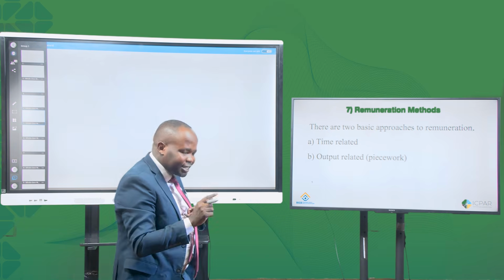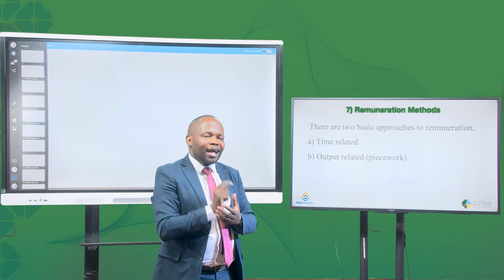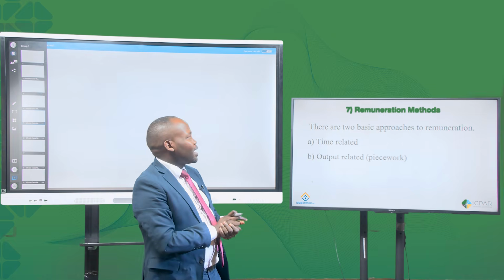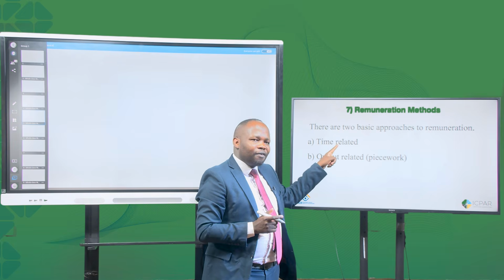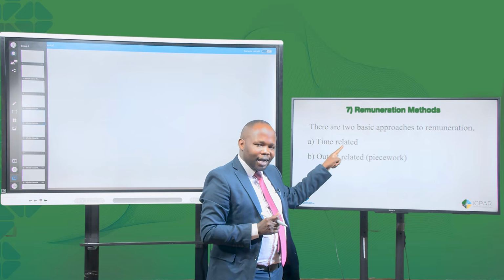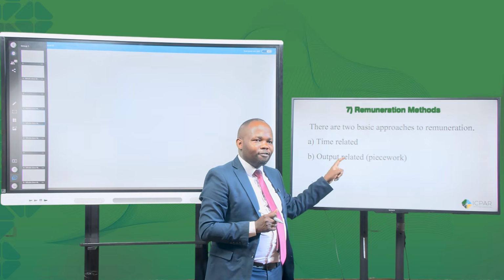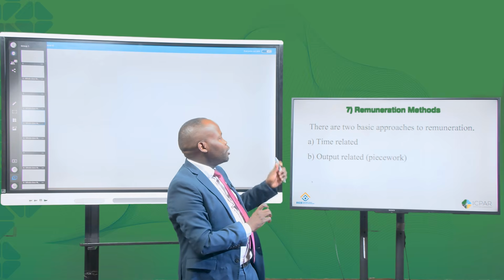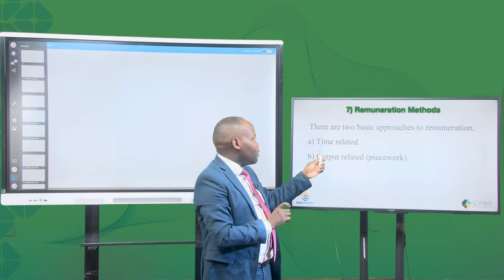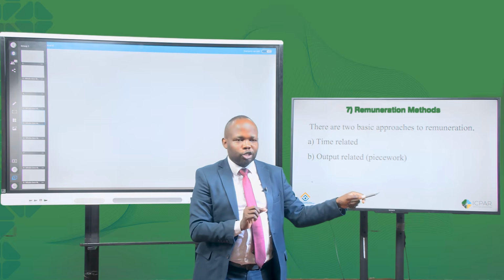To remunerate is to pay somebody. So when we want to pay our employees, we can either pay them depending on the number of hours they have worked or the number of units they have produced. If you pay somebody according to the number of hours they have worked, we call that time-based remuneration.